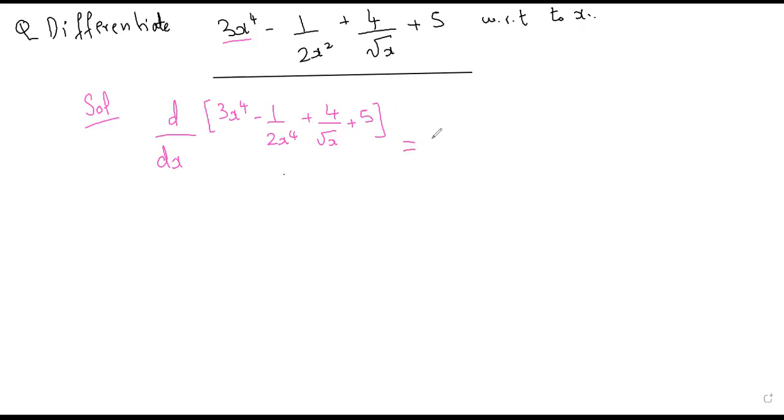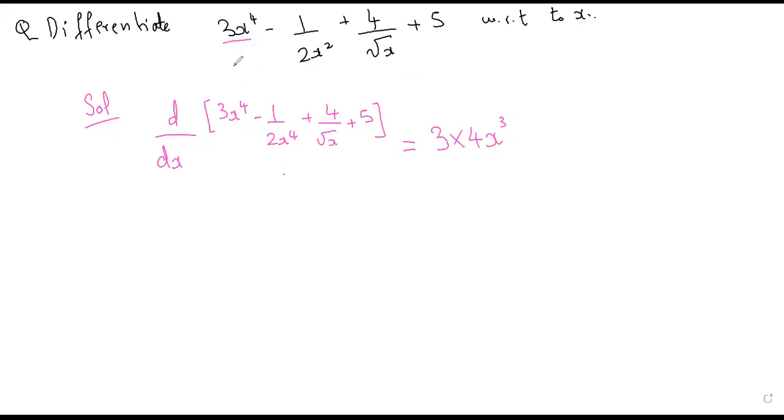And how do we do it? So 3 is going to be staying there as it is. 4 would be multiplied x to the power 3 minus, okay, now what exactly it is? I can rewrite it is 2x squared raised to the power 4. It is 2x to the power 2, okay?